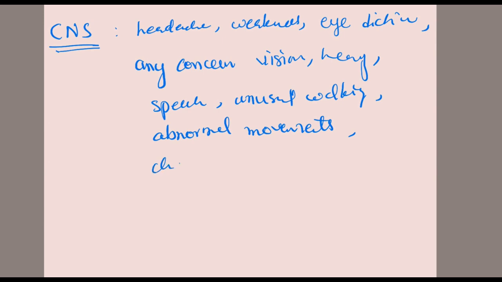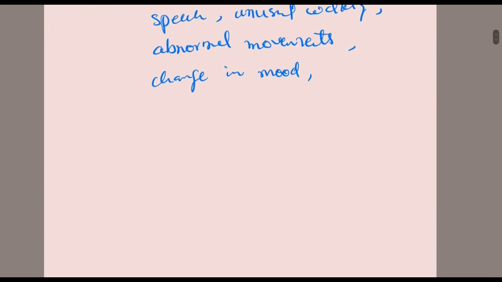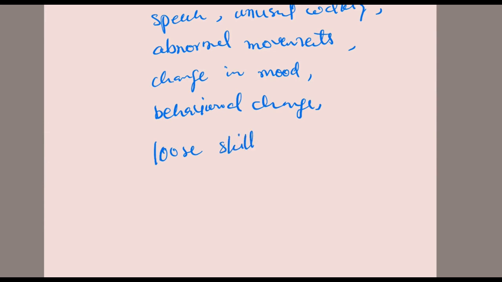Any changes in his mood, as in encephalitis, depression or anxiety? Did you notice any kind of behavioral change recently? In the case of developmental delay, you need to ask, did he lose any skills which were present before?